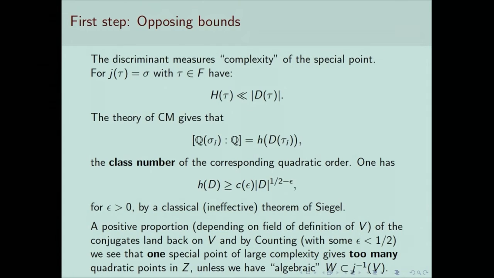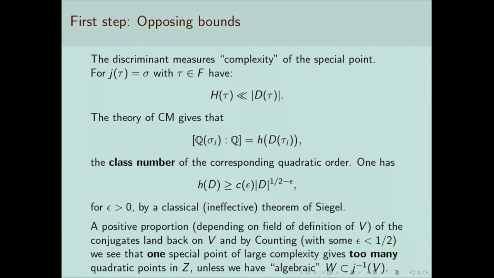And the size of the class number is bounded below by the size of the discriminant to the half minus epsilon by a classical and ineffective theorem of Siegel. So the sigma, the singular moduli, has many conjugates, roughly D to the half, but each one of them gives you a quadratic point on your set Z whose height is bounded by D.